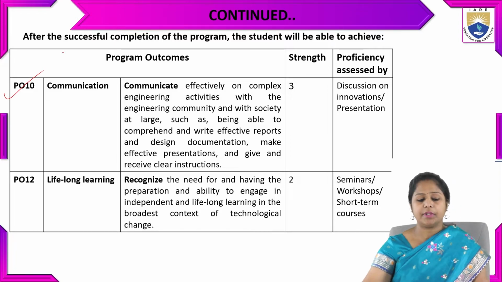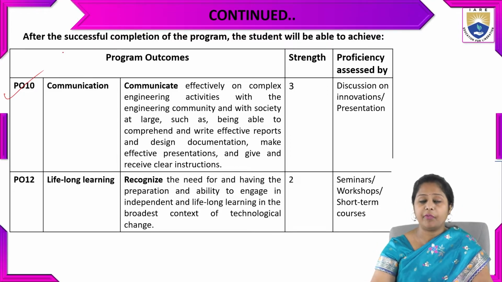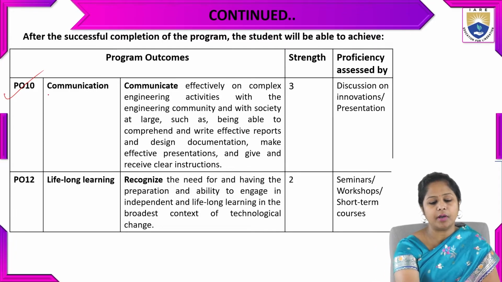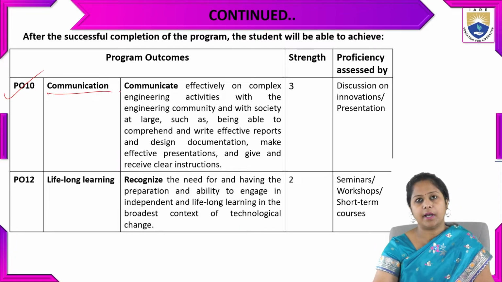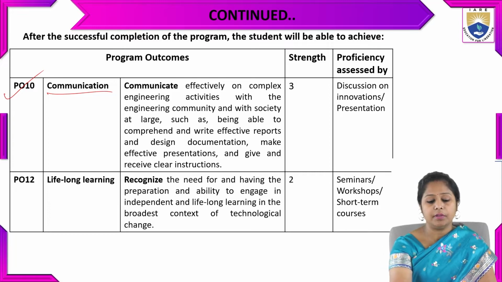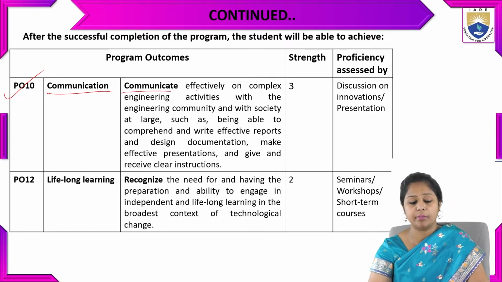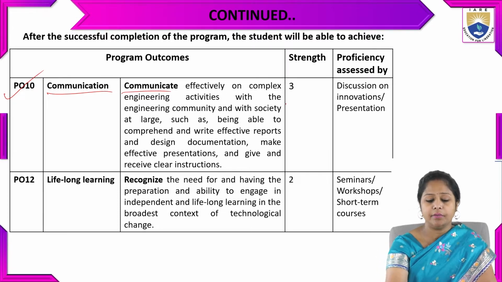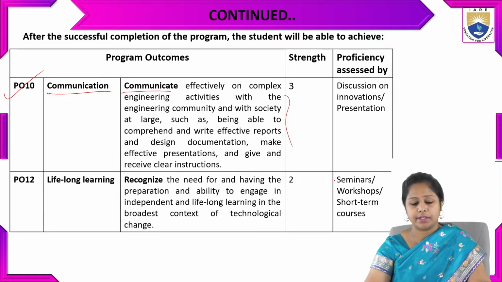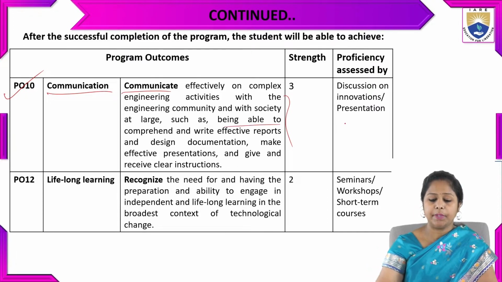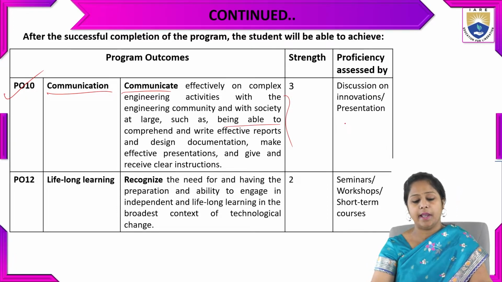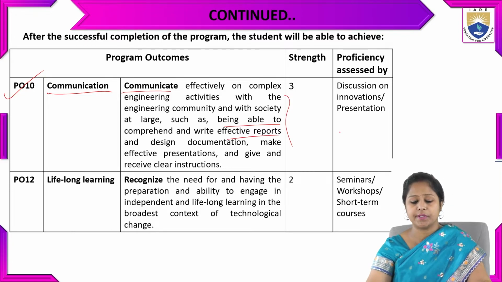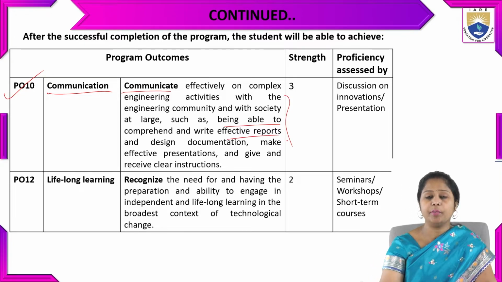The PO10 will be achieved for that particular course. So that will be for communication, that meets with our POs. So the student will be communicating effectively on complex engineering activities with the engineering community and with the society at large, such as being able to comprehend and write effective reports and design documentation.